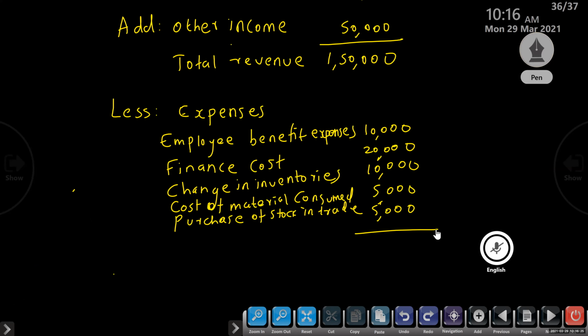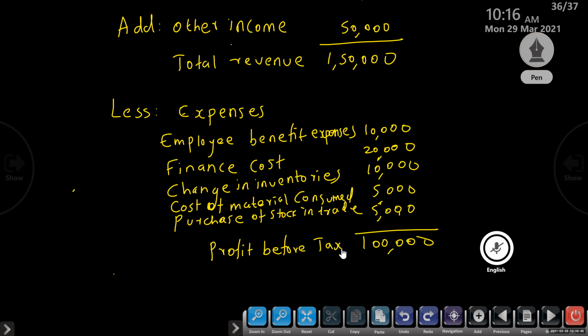This much you have to study. 1,50,000 minus these expenses, then you will get 1 lakh. This will be profit before tax.